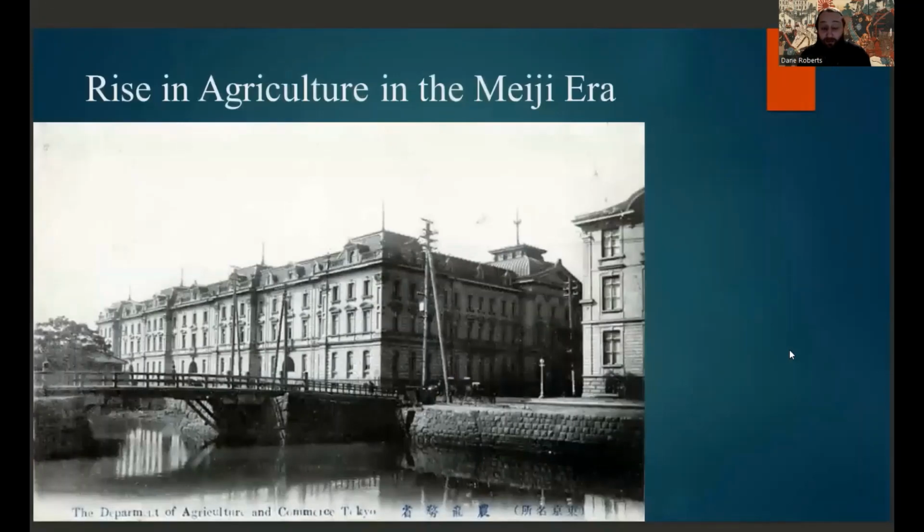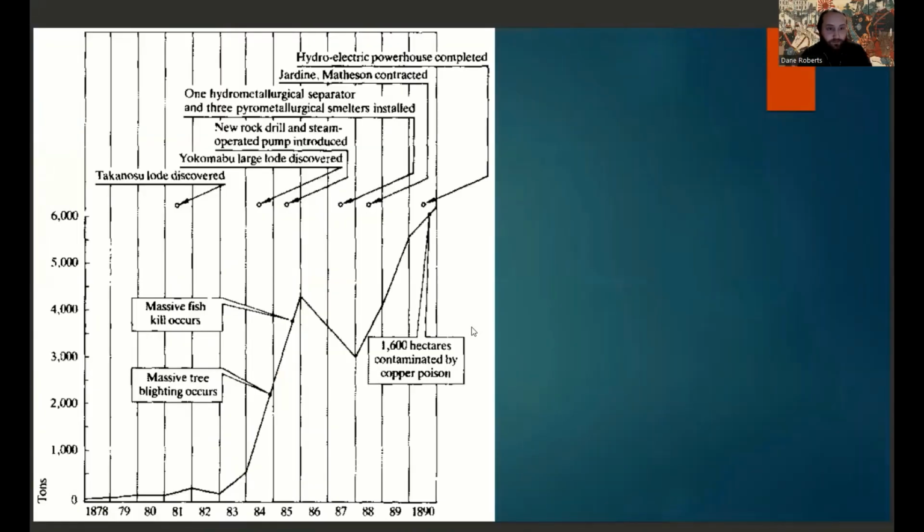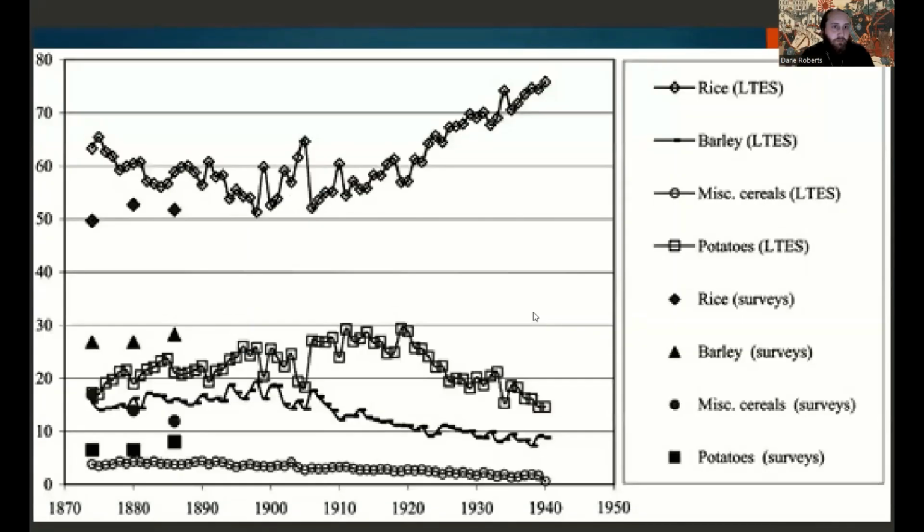We also begin to see the rise in agriculture here. Of course, agriculture existed with rice farming and things like that, but you begin to see the rise of commercial agriculture during the Meiji era, with the establishment of the Department of Agriculture and Commerce in Tokyo, and beginning to see the exponential rise in export of agricultural products such as rice and barley and potatoes and things like that.